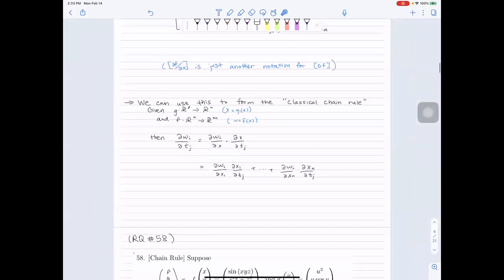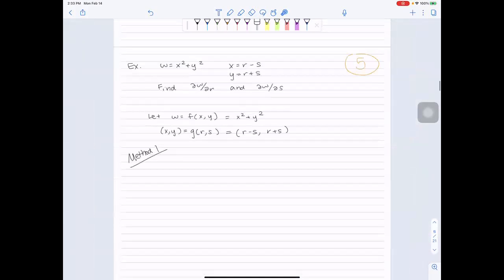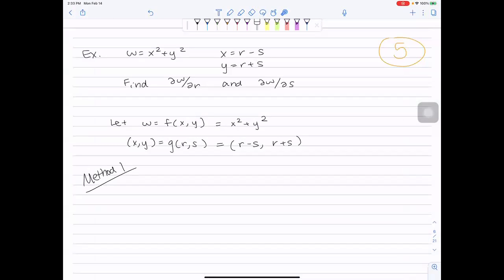Okay, here's a question. Say w equals x squared plus y squared, x equals r minus s, y equals r plus s. And you wanted to find the partial of w with respect to r, then what could you do?